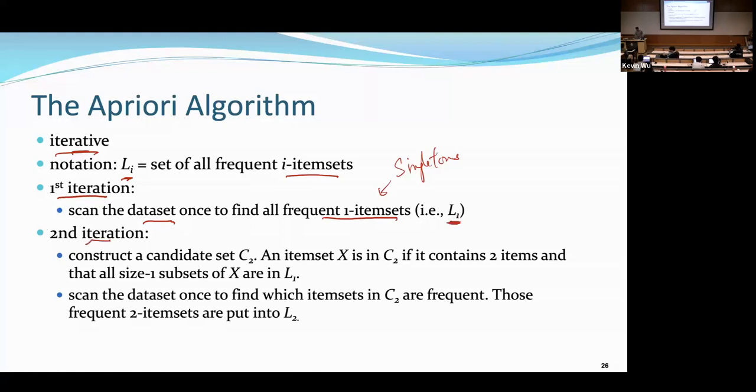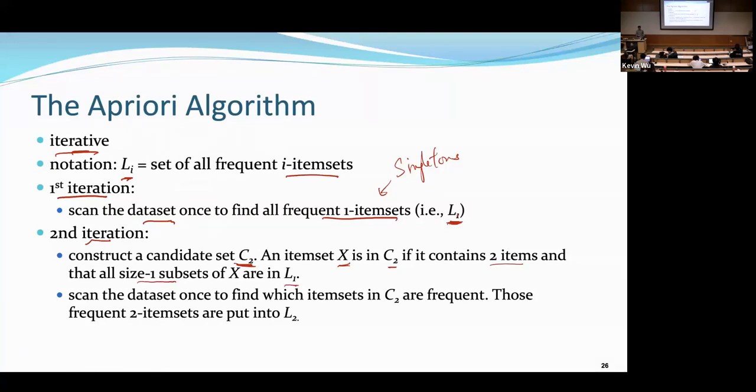In the second iteration, the Apriori algorithm generates a candidate set called C2, based on the contents of L1. In particular, an item set X is collected in C2 if X contains 2 items, that is, it's a 2 item set, and all of its size 1 subsets are frequent in L1.